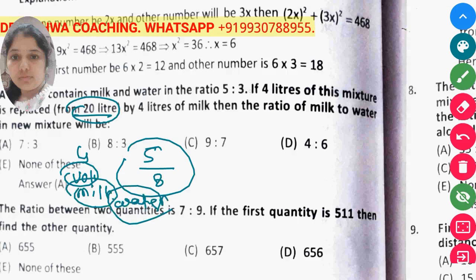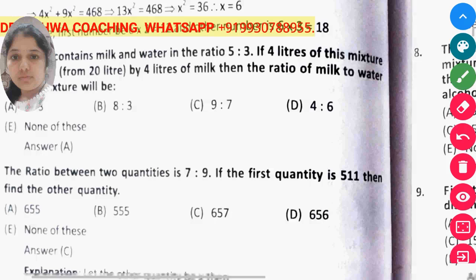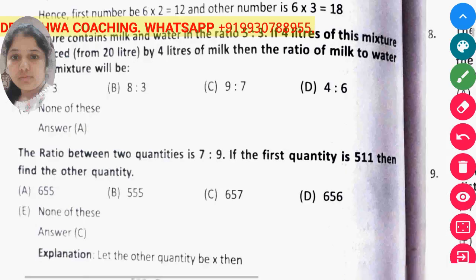Now we had removed the mixture, not water, not milk separately. So we have to calculate how much part of the milk from the mixture is removed and how much part of the water from the mixture is removed. Then we subtract from the total quantity and we add the new quantity of milk and we get the new ratio. Okay, understood? So many things we had done.